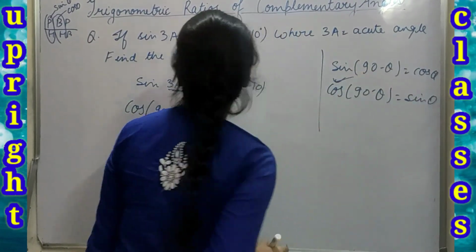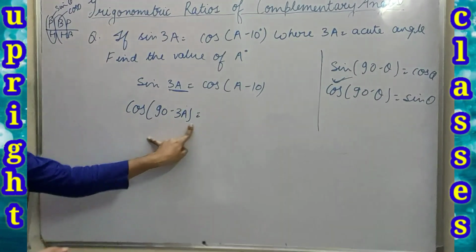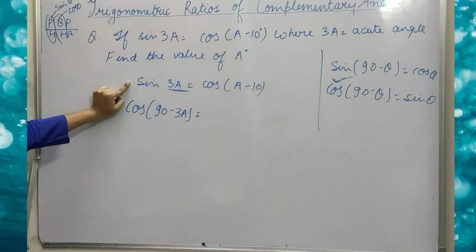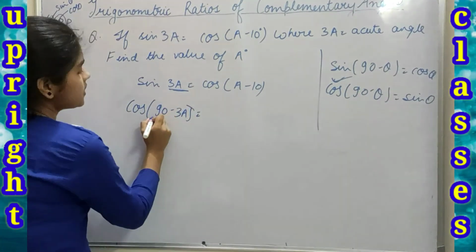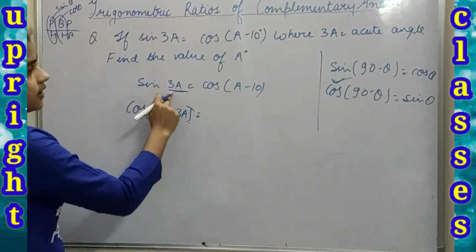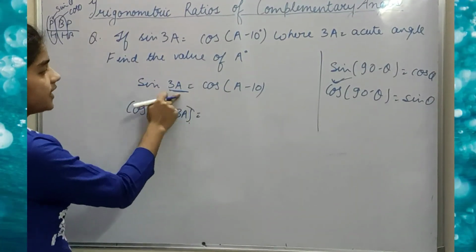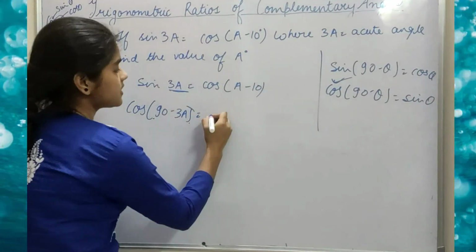From this formula, cos 90 minus theta is equal to sin theta, according to this formula we can write sin 3A as cos (90 minus 3A).